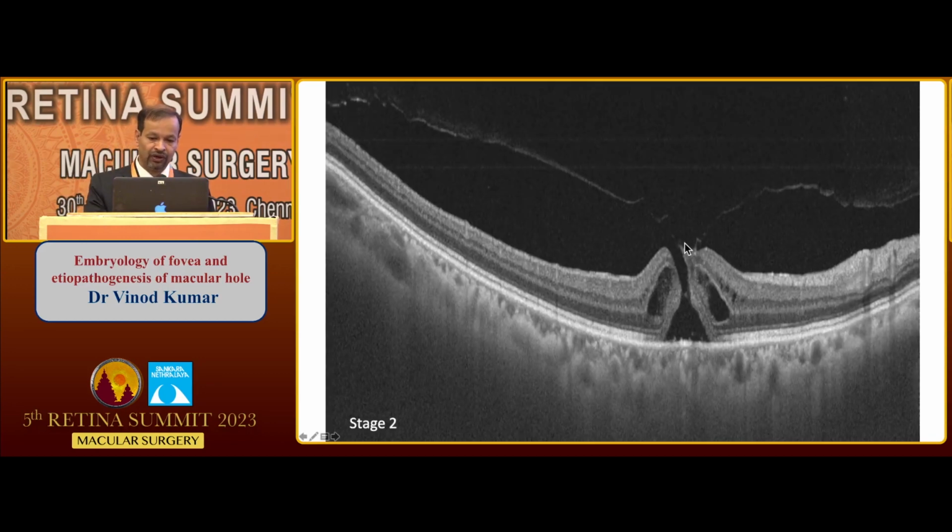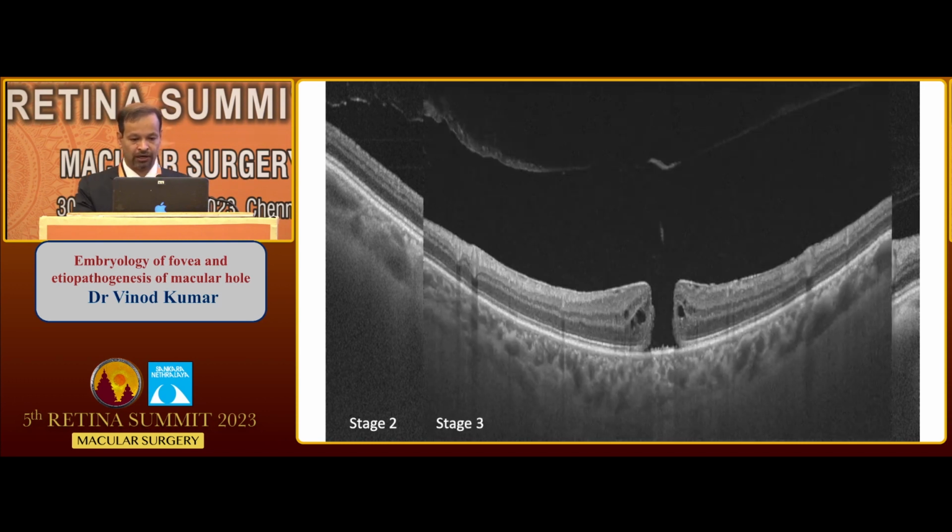Once there is deroofing of this cyst and the vitreous is still attached to one edge of the macular hole, we call it stage 2, the first full thickness macular hole in the evolution of macular hole.